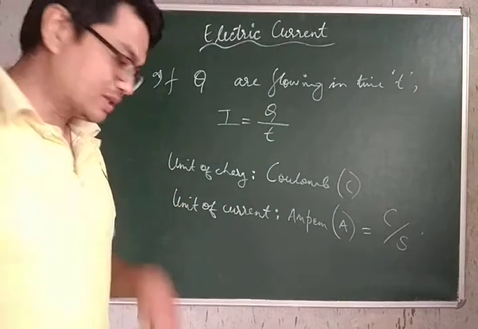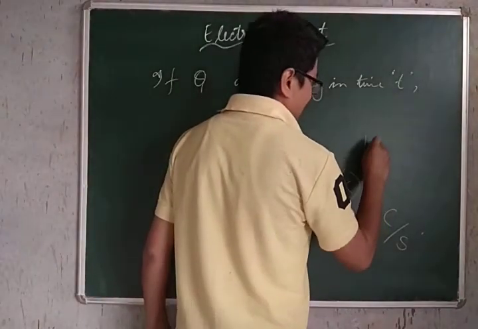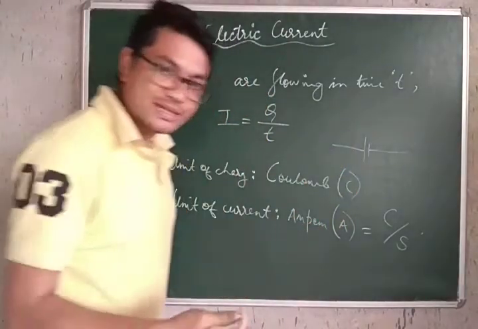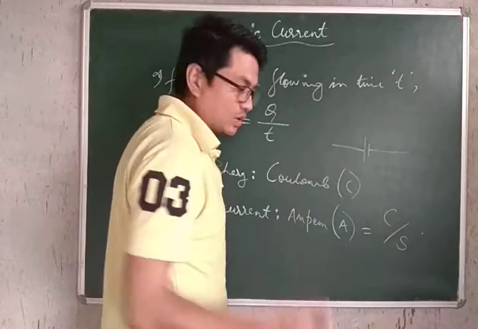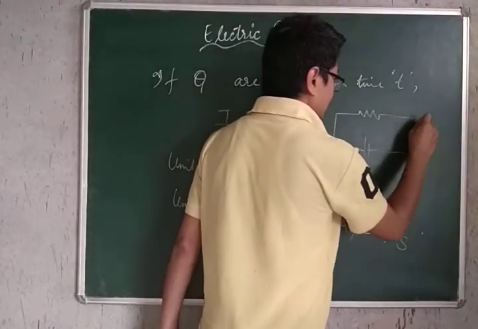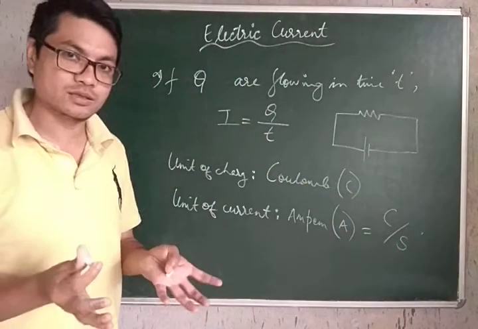Oh, by the way, one more thing let me tell you. If, for example, you have a power source, this symbol represents a cell. If you have a combination of cells, that is what is called a battery. This symbol represents a resistor.